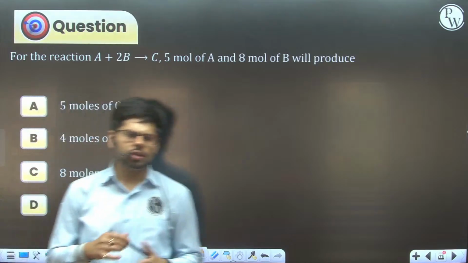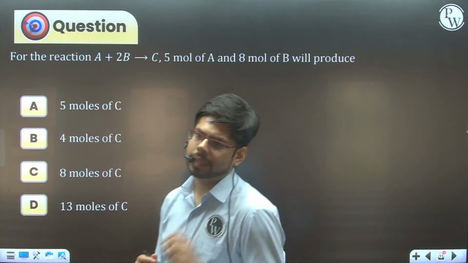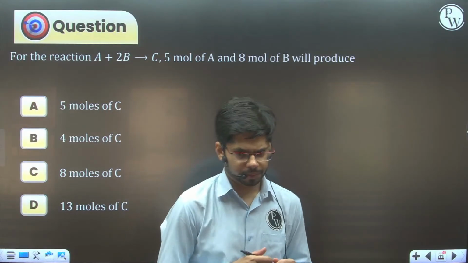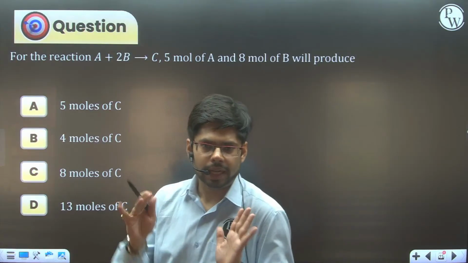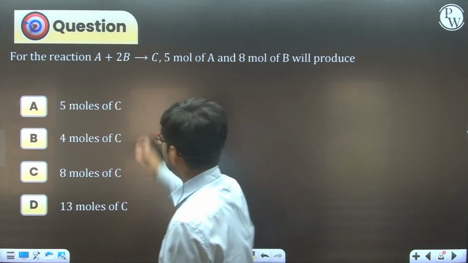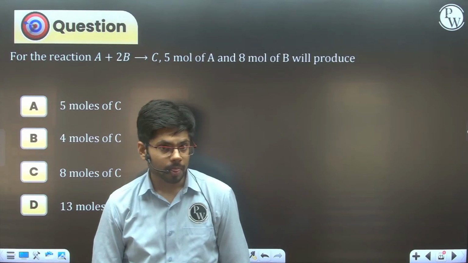So C is the product. Now going back to stoichiometry, we all know that if we are dealing with a particular chemical reaction, we must balance that chemical reaction and then proceed. Already it has been balanced. Alright, let's look at the coefficients. Coefficient of A is 1, coefficient of B is 2, coefficient of C is 1.